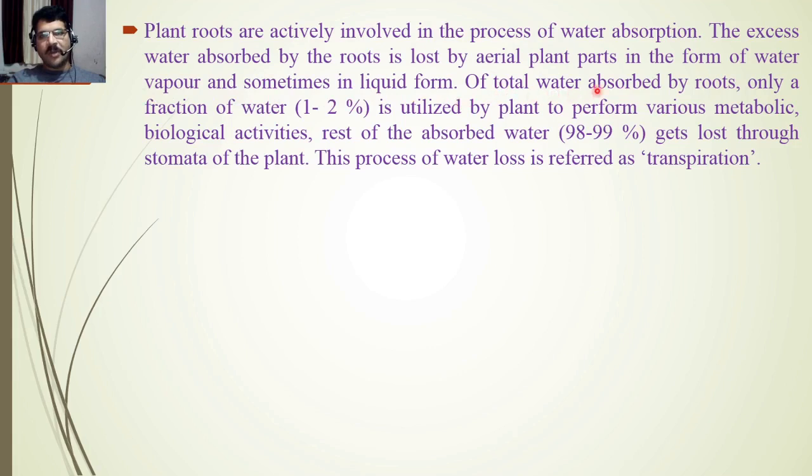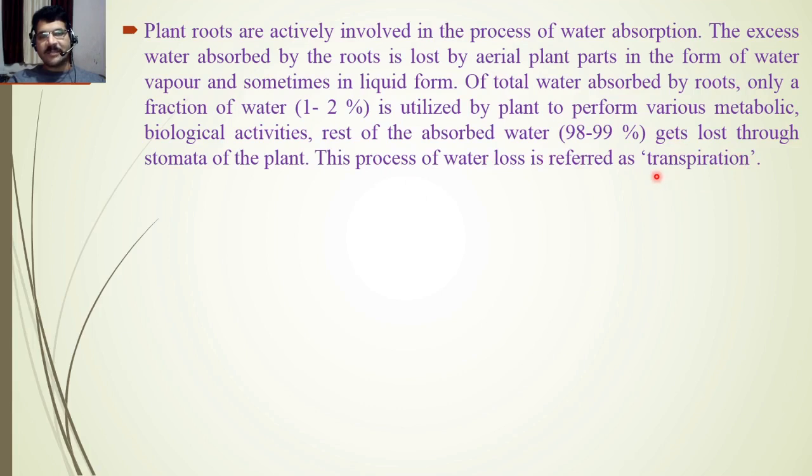Of the total water absorbed by roots, only a fraction, that is 1 to 2% of water, is utilized by the plant to perform various metabolic biological activities, for example photosynthesis, respiration, etc. The rest of the absorbed water, that is 98 to 99%, gets lost through stomata of a plant. So this process of water loss is referred to as transpiration.